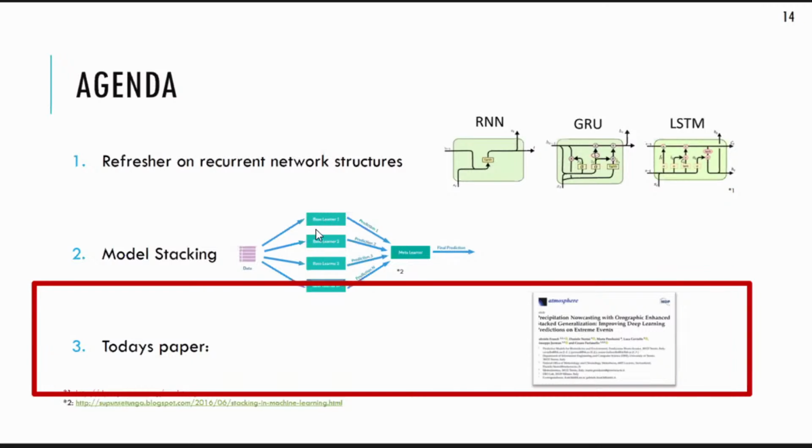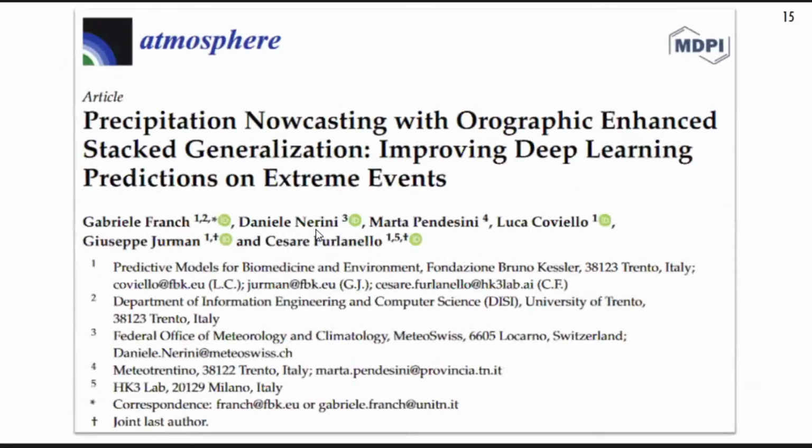So today's paper, I think I called the title already: Precipitation Nowcasting with Orographic Enhanced Stacked Generalization, Improving Deep Learning Predictions on Extreme Events. And we should really look at this focus here, improving deep learning predictions on extreme events, because it is, I wouldn't say quite easy, but it is way easier to make predictions in nowcasting for light precipitation.